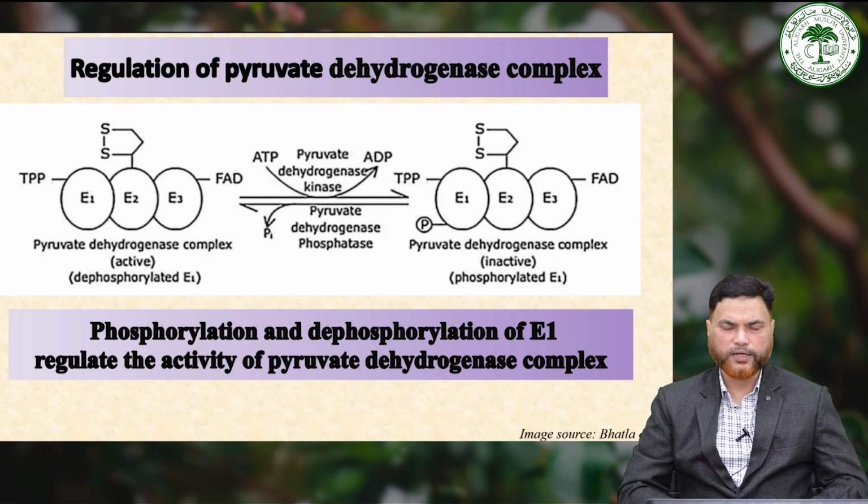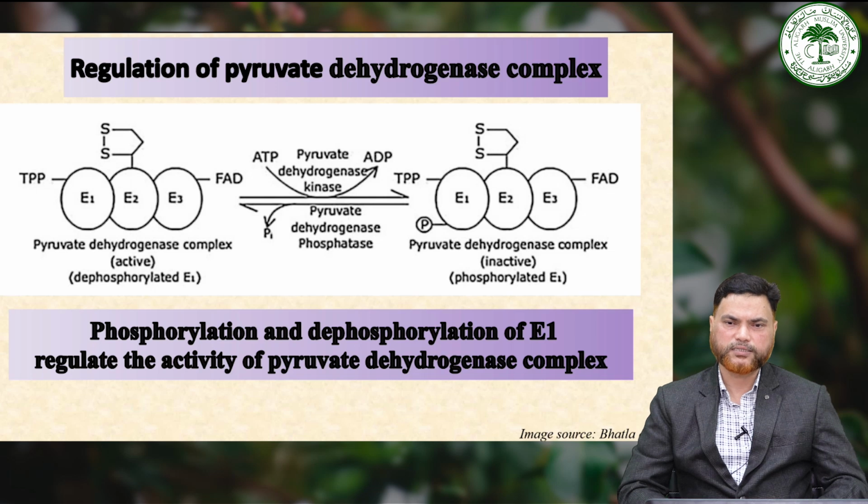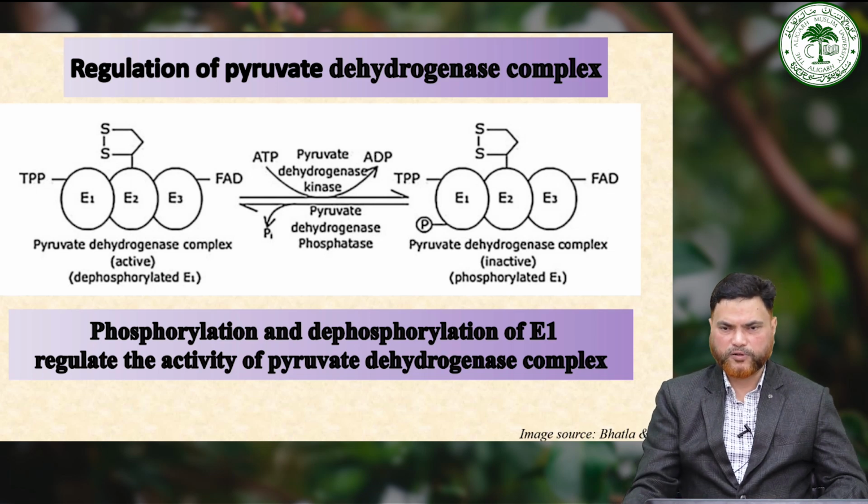Then E1 is basically inactivated by ATP dependent phosphorylation. Pyruvate dehydrogenase kinase catalyzes the process of phosphorylation. A phosphatase is responsible for removing the phosphoryl group from E1, restoring its activity. Pyruvate dehydrogenase activity is inhibited by end products of the reaction, that is acetyl coenzyme A and NADH.